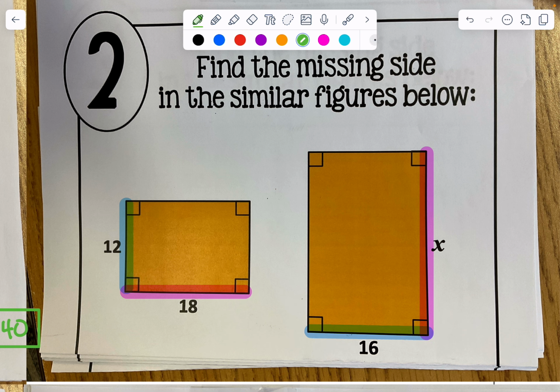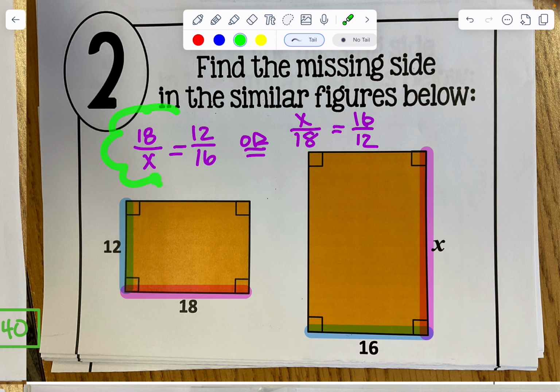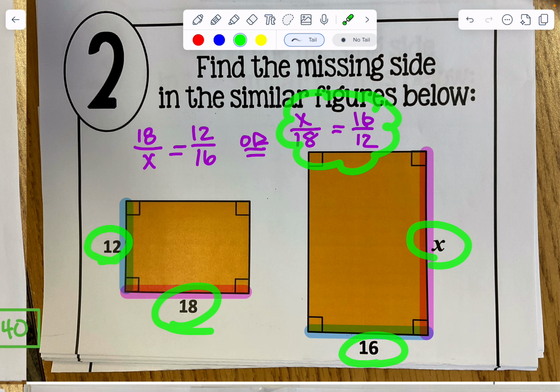So either you're going to set up 18 over X equals 12 over 16, or you're going to set up X over 18 equals 16 over 12, okay? In the first setup, I went small to big, but in the second setup, I went big to small.